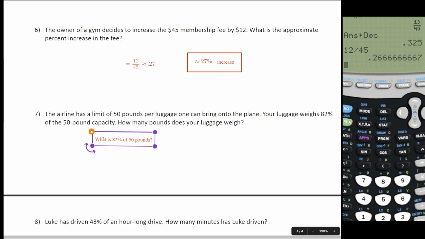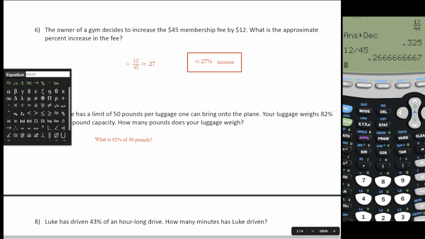So x equals 82% of 50, where of means to multiply. Go ahead and type that in. 0.82 times 50 is 41.